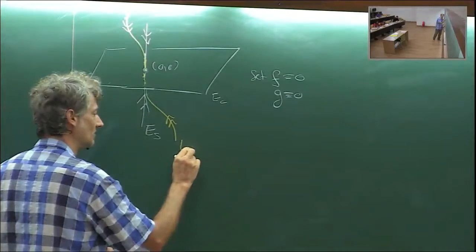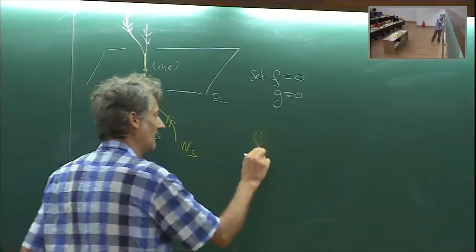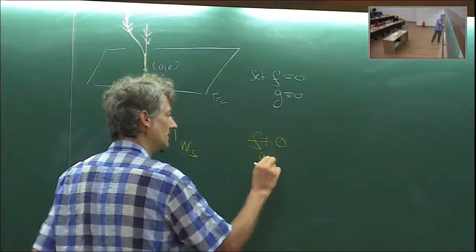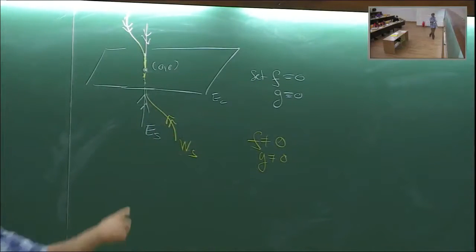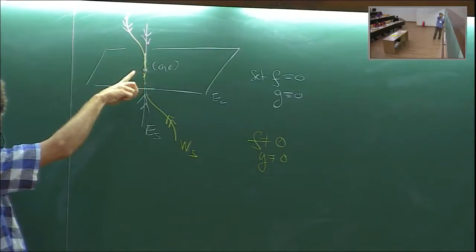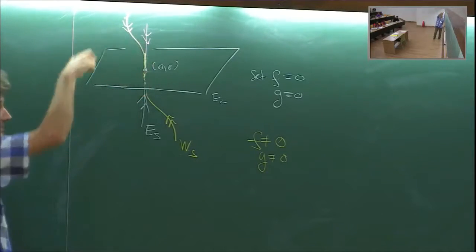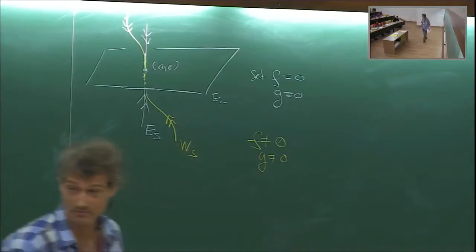So this is now, let's call it WS. This is when f is non-zero and g is non-zero, so the nonlinearities are switched on. Close to the fixed point we become tangential to the linear eigenvector, but then we can deviate. The interesting part is how this EC, the center space, deforms.